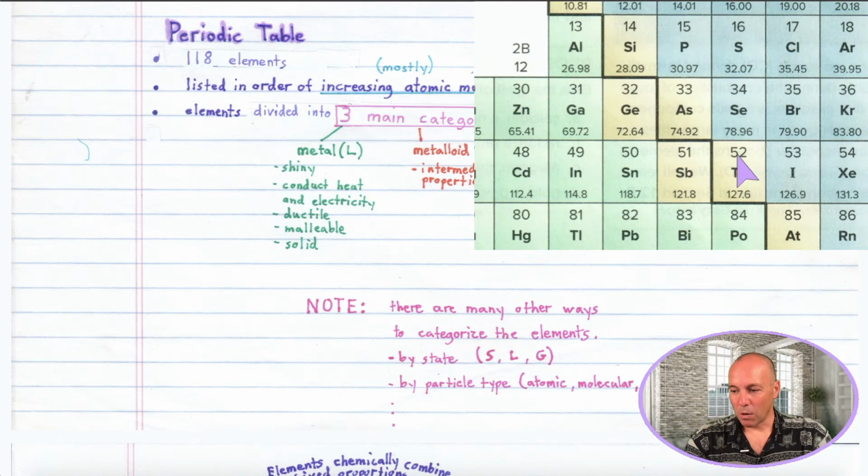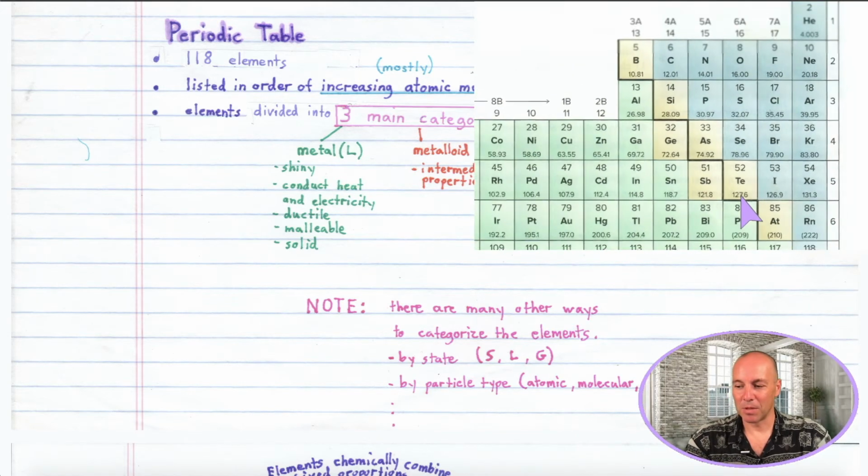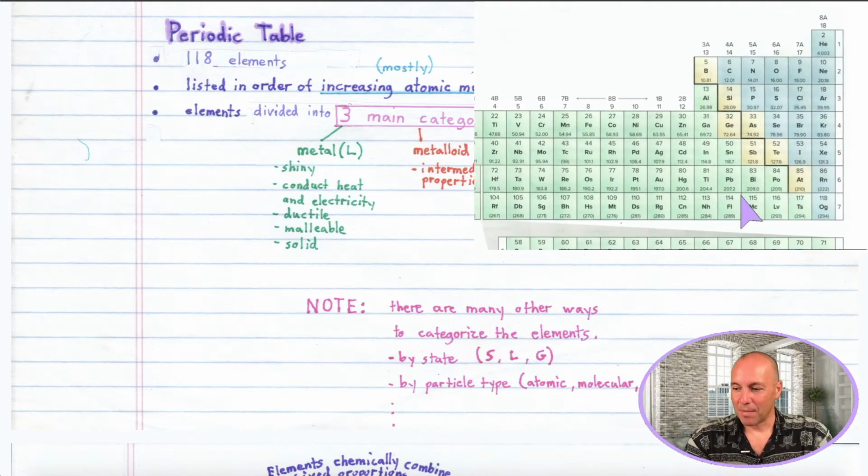Notably, when you go from element 52, tellurium, to 53, iodine, you see the atomic mass actually decreases a little bit. So why is that? There are maybe a few other exceptions to the atomic mass rule, and it turns out that the reason iodine doesn't come before tellurium is what this chapter is all about.